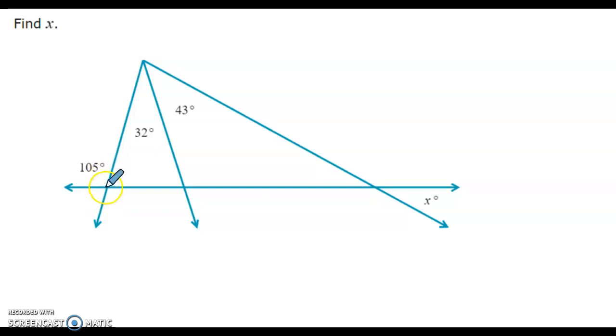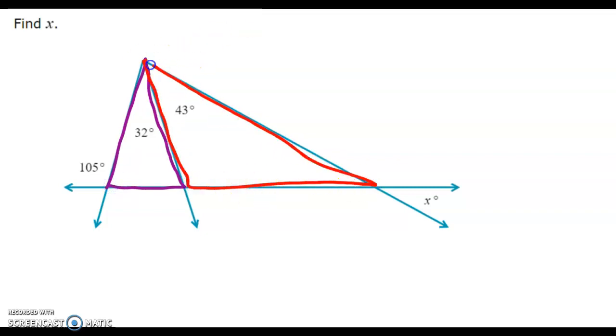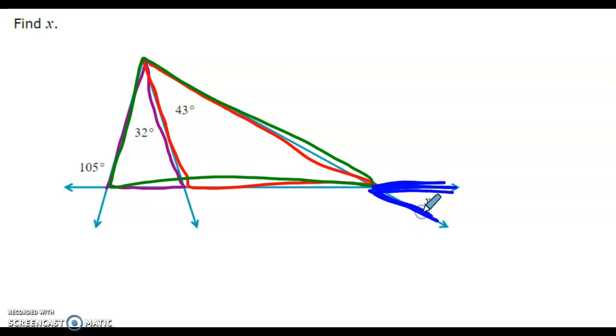So we have a couple different triangles. We've got those two smaller ones. We've got this one big one. And then you'll notice that we're not even looking for the angle measure of one inside of there. We're looking for this guy out here.